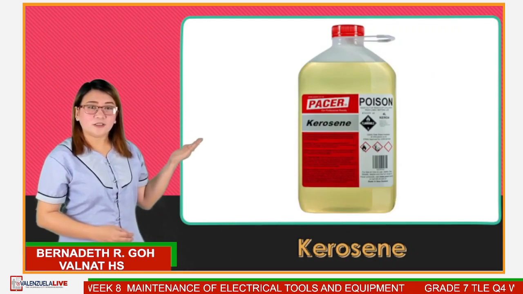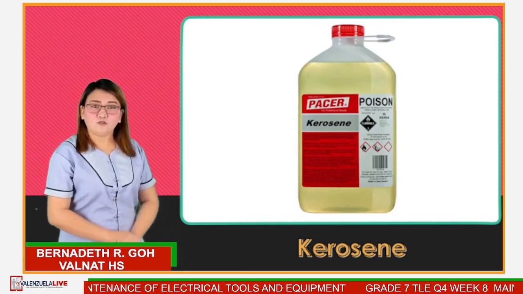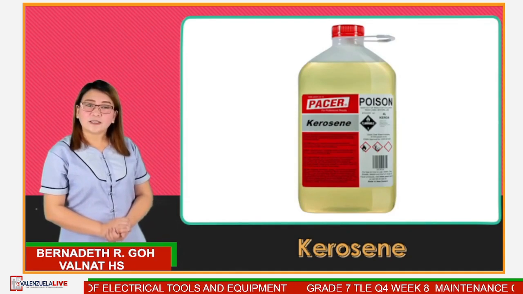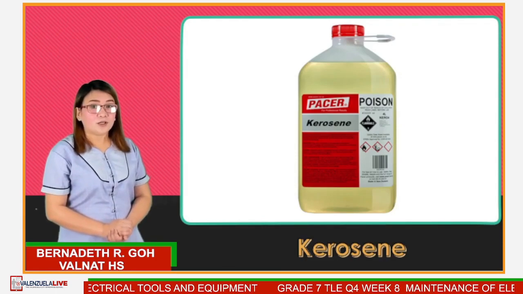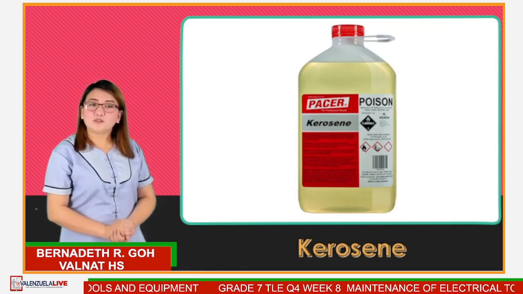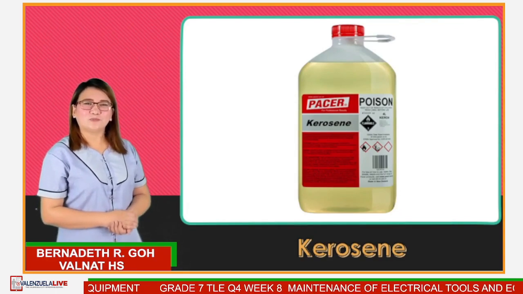Another solvent is the kerosene, which can be used to clean bicycle and motorcycle chain grease before pre-lubrication. It can be used to clean rust spots on your tools.